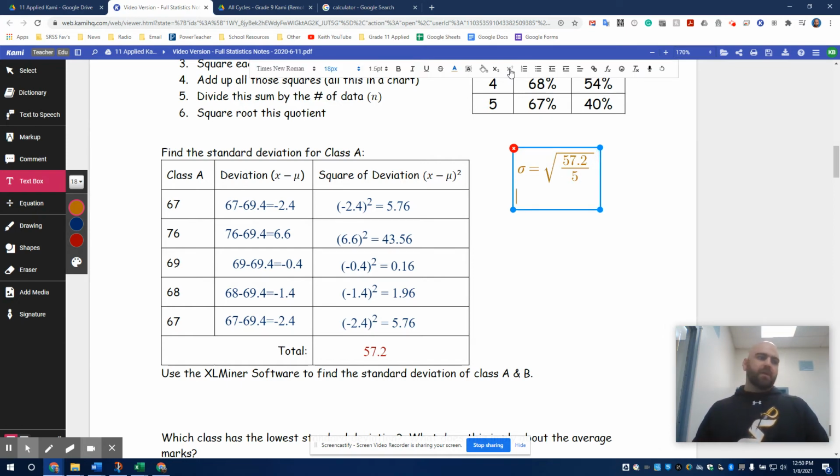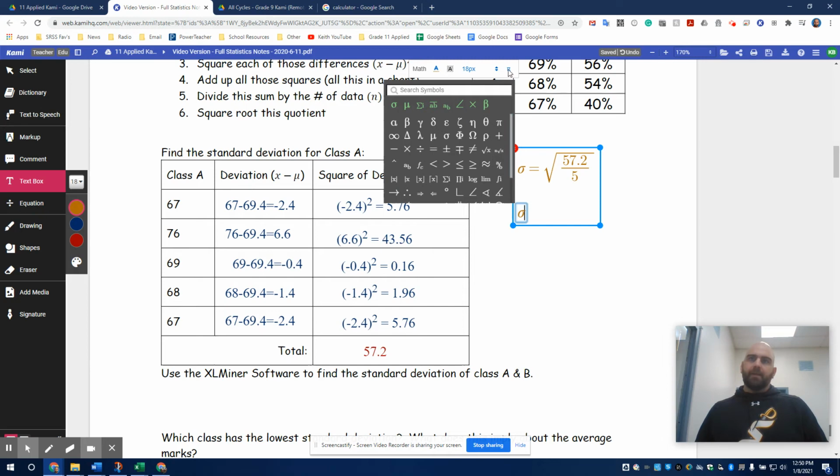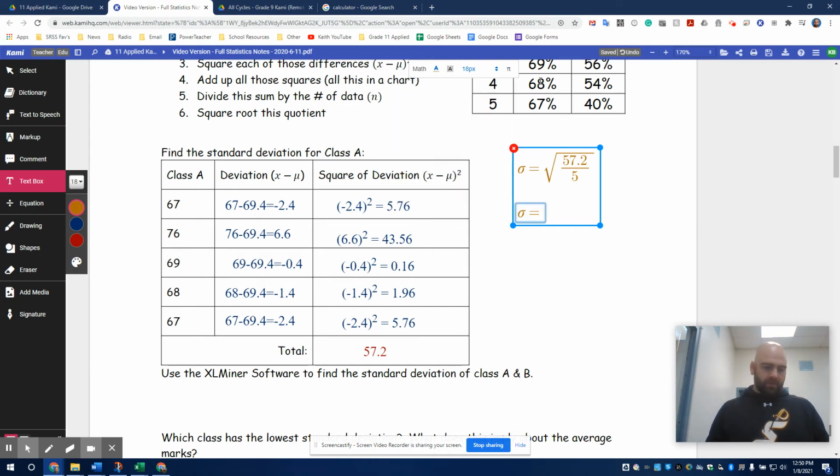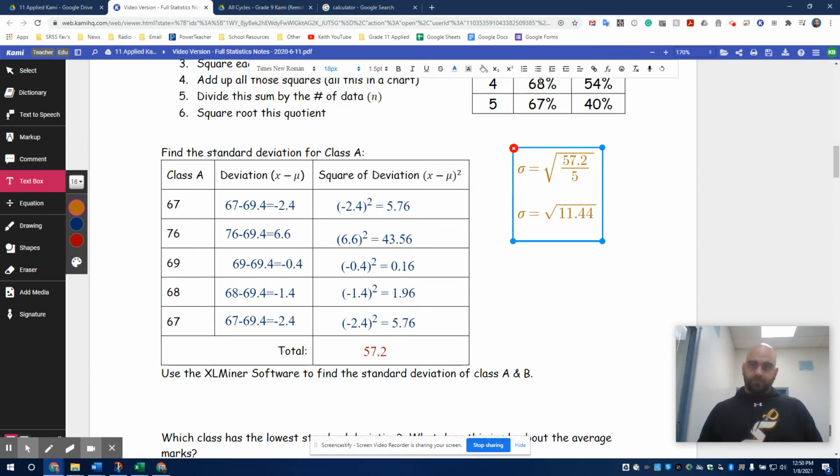That was the sum that we came up with, 57.2. We divide it by 5 because there are 5 values. So if we divide by 5, we get the square root of 11.44.